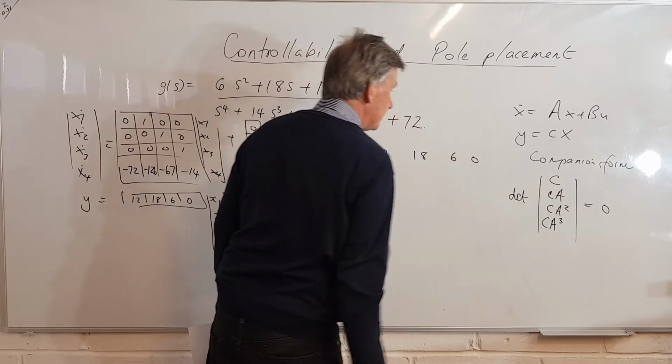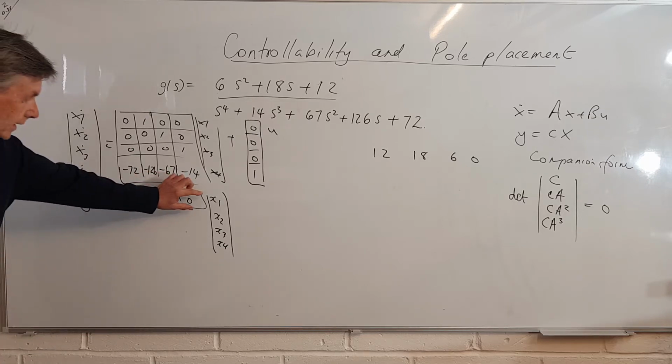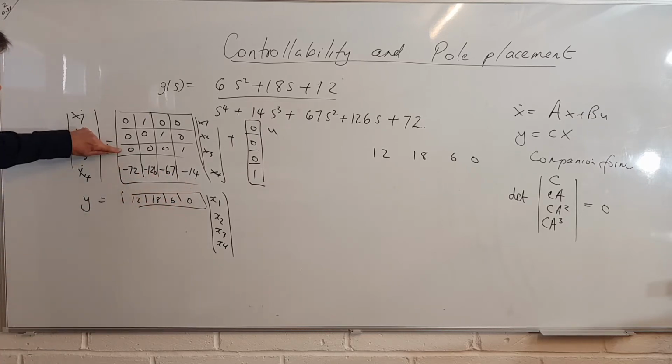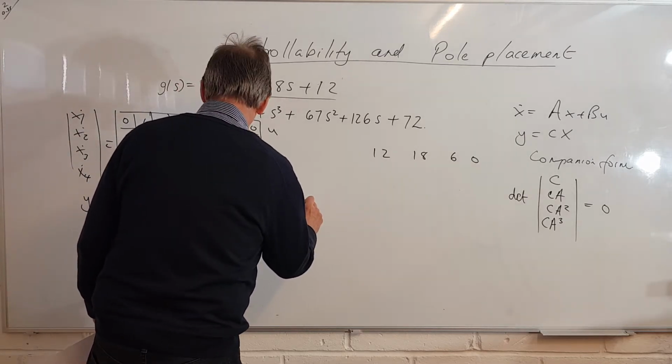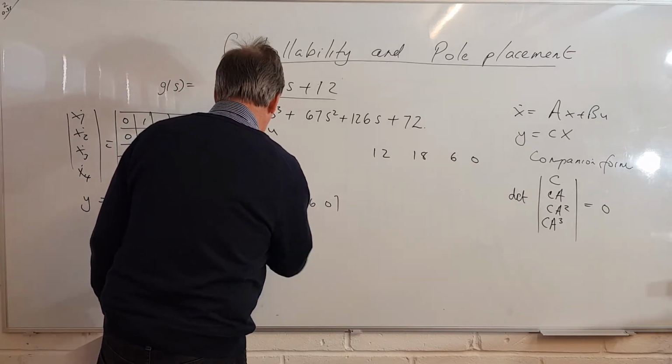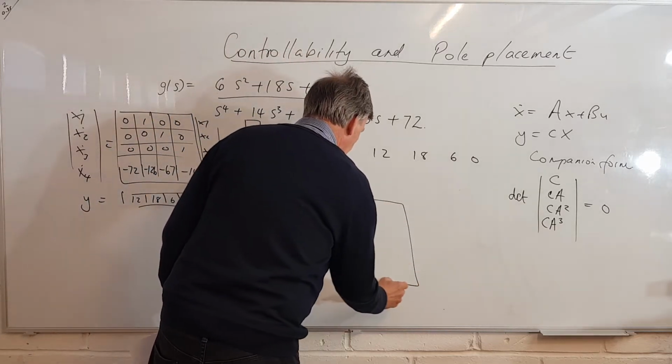That's the C. Now what we've got to do is multiply the C by the A. So that means we're going to have to multiply this matrix, this vector or array, by this matrix. So we could represent that as 12, 18, 6, 0. And that'll be into a 4 by 4 matrix here.